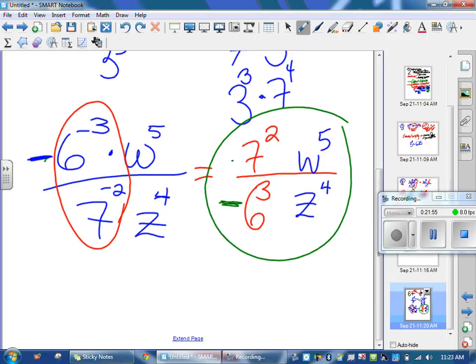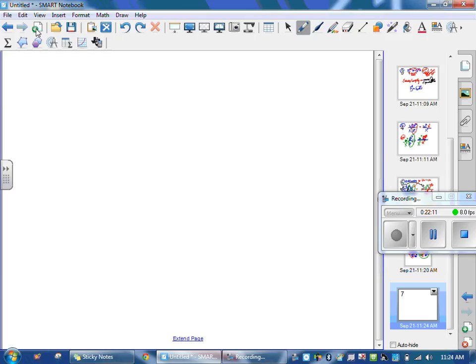You cannot do anything with Z and W. How come? Different base. They're not the same letter. If they're not the same letter, you can't do anything with them. Okay? They're different bases. All right, let's take a look at the third law. This is the power of the power law.